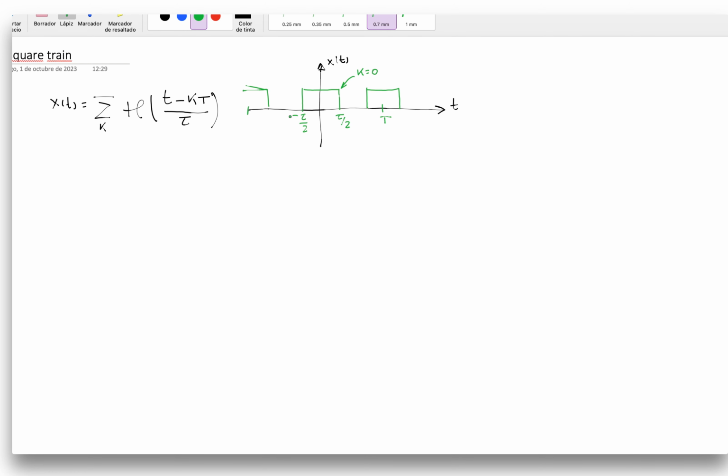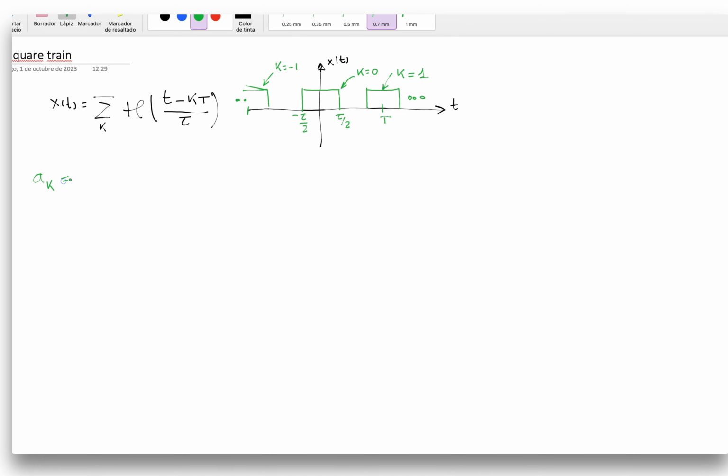So it goes to the left and goes to the right. For example, this one will correspond to the index k equal to 1, and this one to index k equal to -1. So we want to calculate the a sub k, the Fourier series coefficient corresponding to x(t).